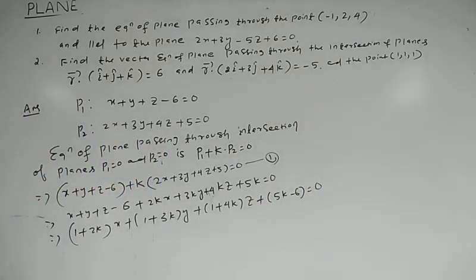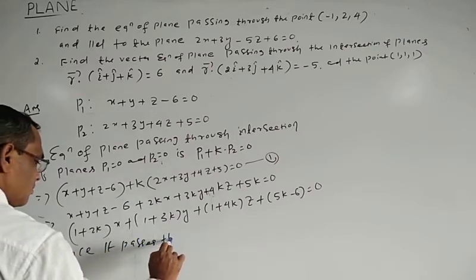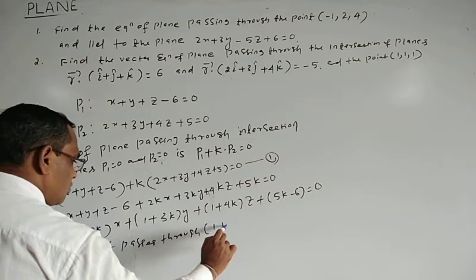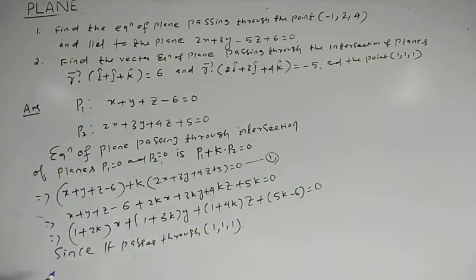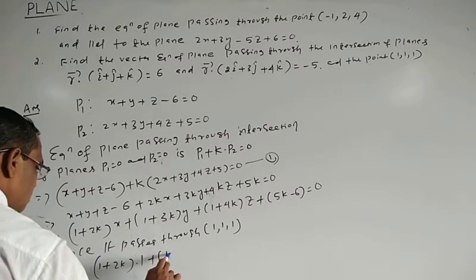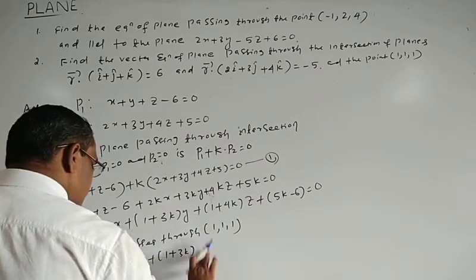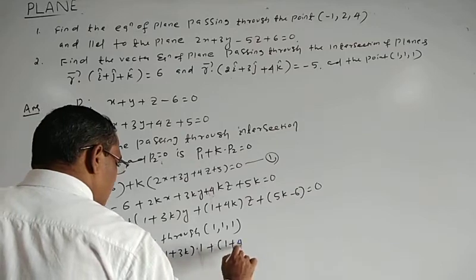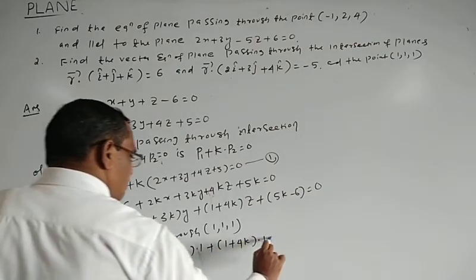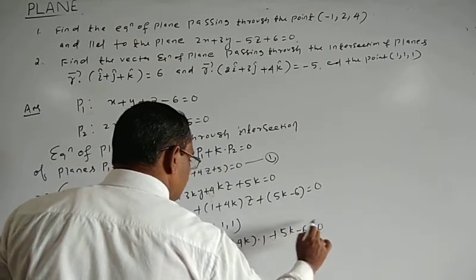Since this plane passes through the point 1, 1, 1, this point must satisfy the equation of the plane. So 1 plus 2k into 1 plus 3k into y, here y means 1, plus 4k into 1 plus 5k minus 6 is equal to 0.